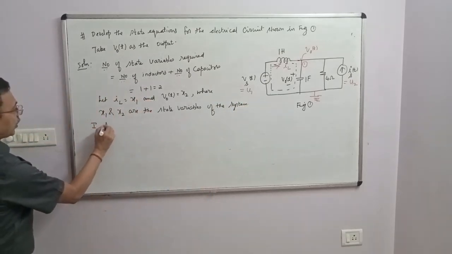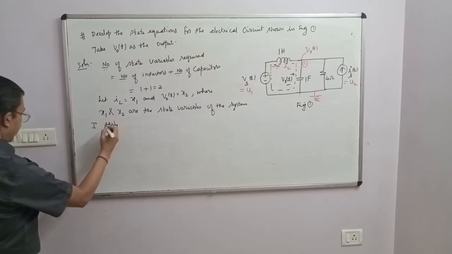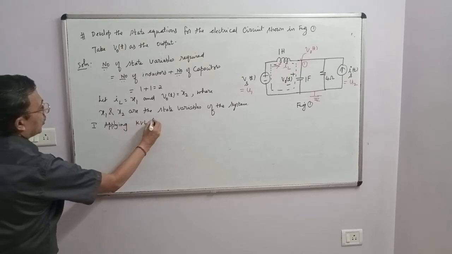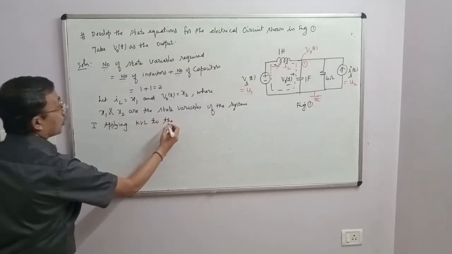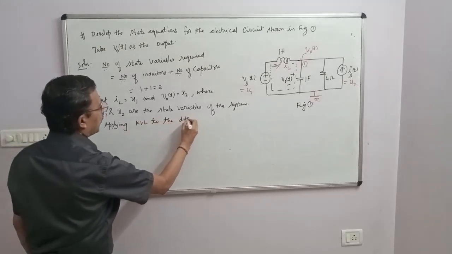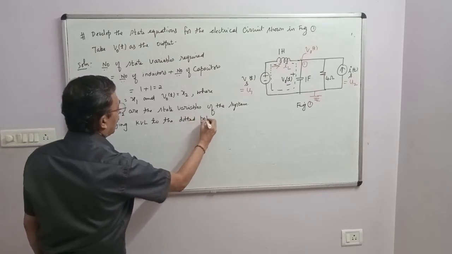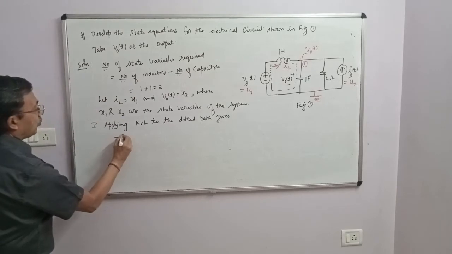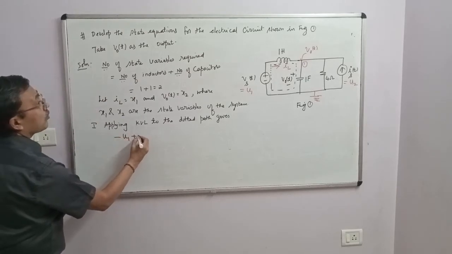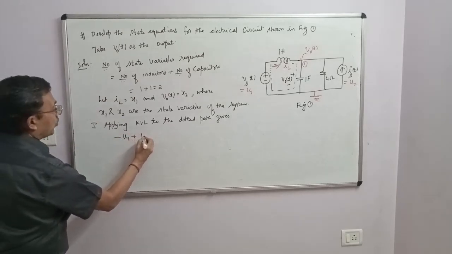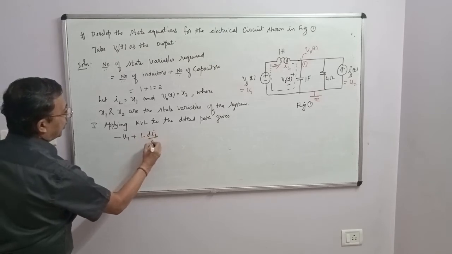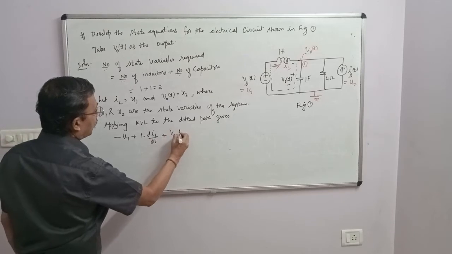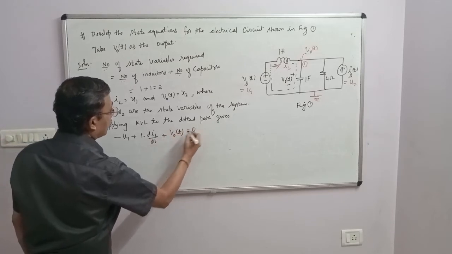Step 1. Applying KVL to the dotted path gives minus U1 plus 1 into dIL by dt, which is the voltage across the inductor, plus V naught of t equal to 0.